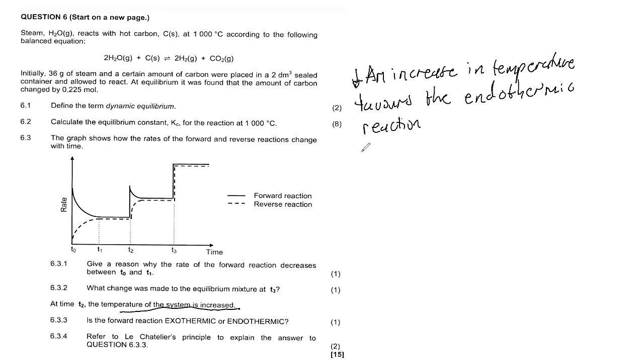Now, from looking at what happened at T2, let's now focus our attention on time T2. Time T2 is telling us that the reverse reaction is the one that is being favored, because we can see a gradual increase on the reverse reaction, but then a gradual decrease on the forward reaction. So obviously this is telling you that the reverse reaction was the one that was being favored, while the forward reaction was not favored.